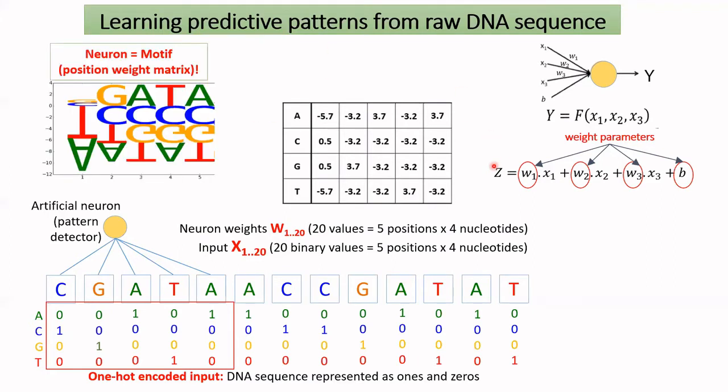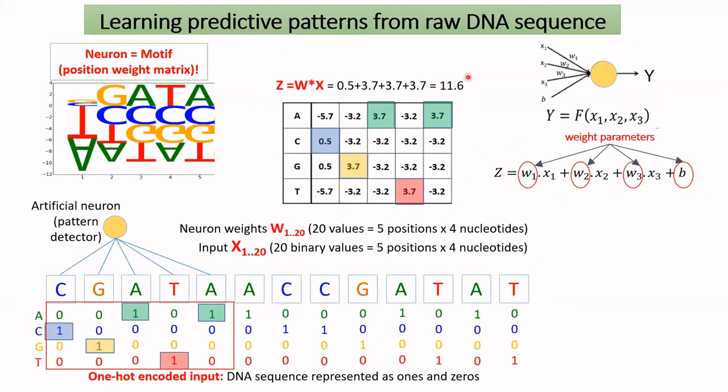As you will notice, it's nicely representing something reminiscent of a position weight matrix. So the weights of an artificial neuron operating on a sequence can effectively act like a motif detector. In this particular case, let's say we have this hypothetical motif. We use it to score this piece of the sequence using this simple linear combination.